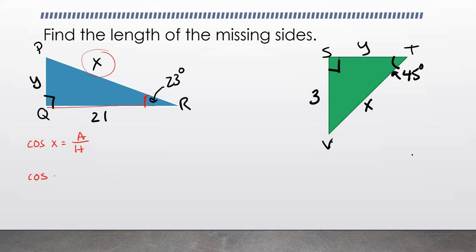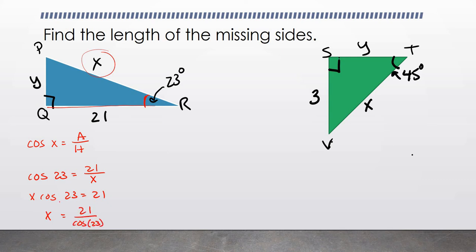So I'm going to use the cosine of 23 is the adjacent 21 over my unknown x. Now to solve this one, since the variable is in the denominator, I'm going to have to multiply both sides by x and then divide by the cosine of 23.